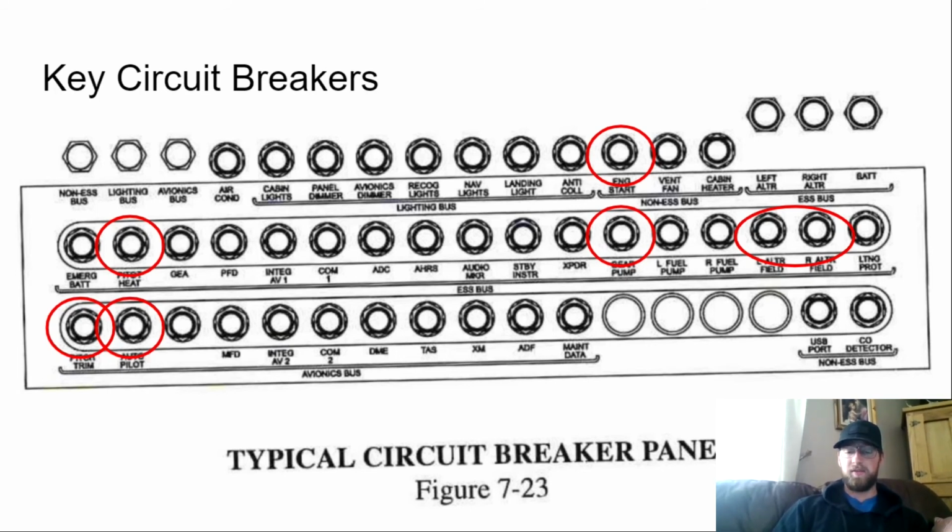Should the situation call for it, we may need to think about load shedding, or reducing the demand on the battery. So how do we load shed? We load shed by either pulling circuit breakers or turning equipment off, flipping the switch in the cockpit. And how do we know which ones we should turn off?